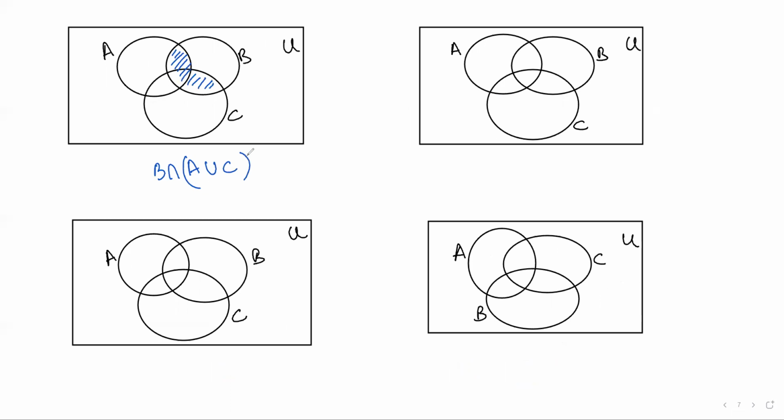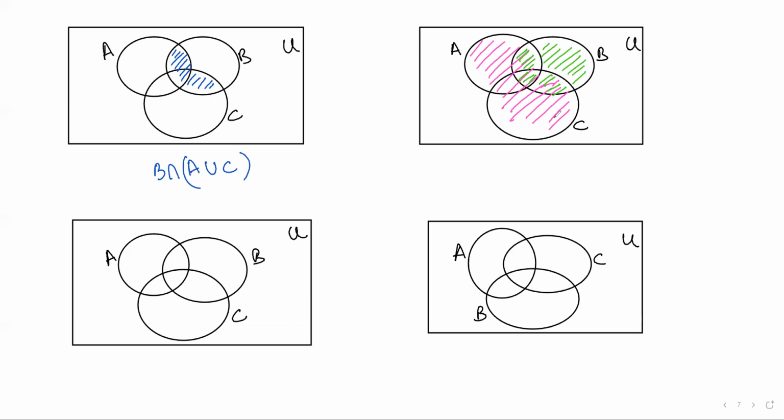Let's consider A union C. A union C means this whole region. What does B mean? B means this whole region, this part, this part, this part, and this part. Now, which region is common?